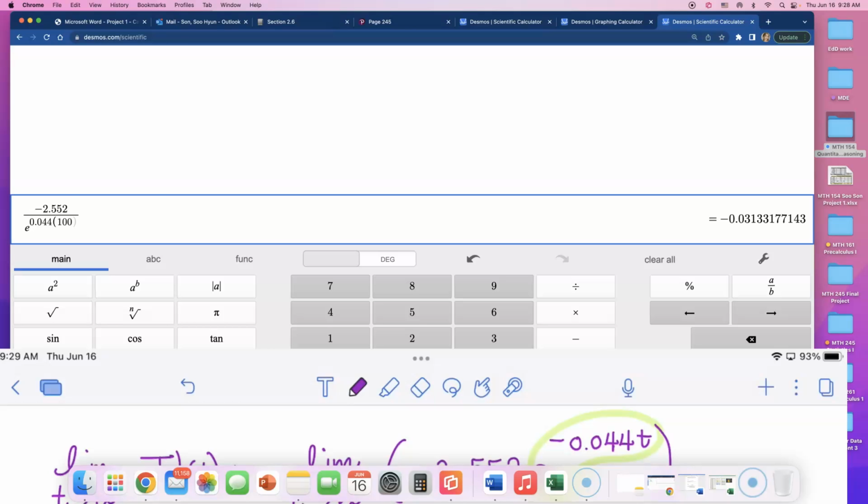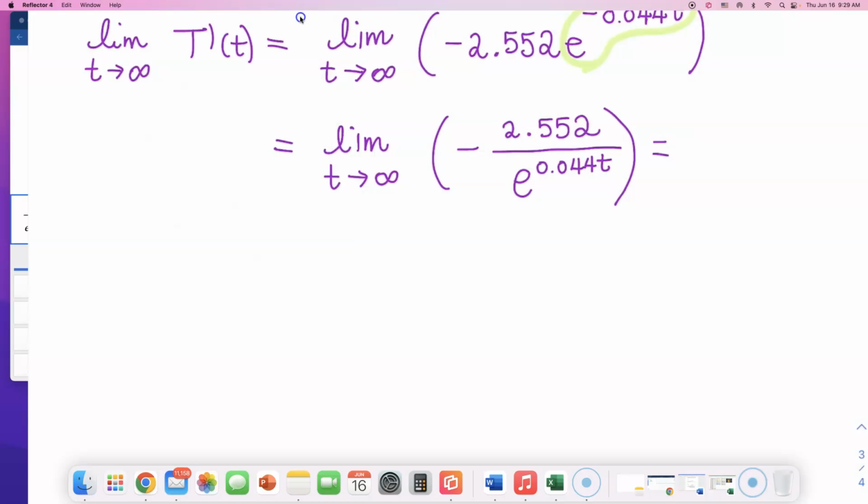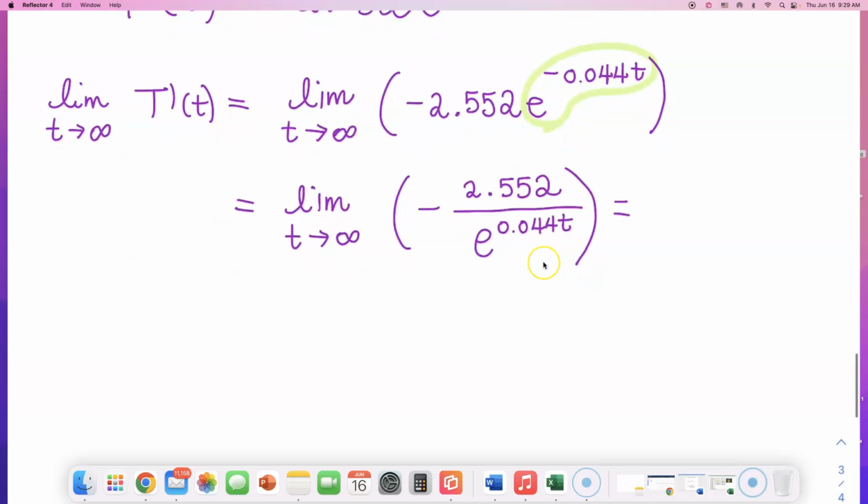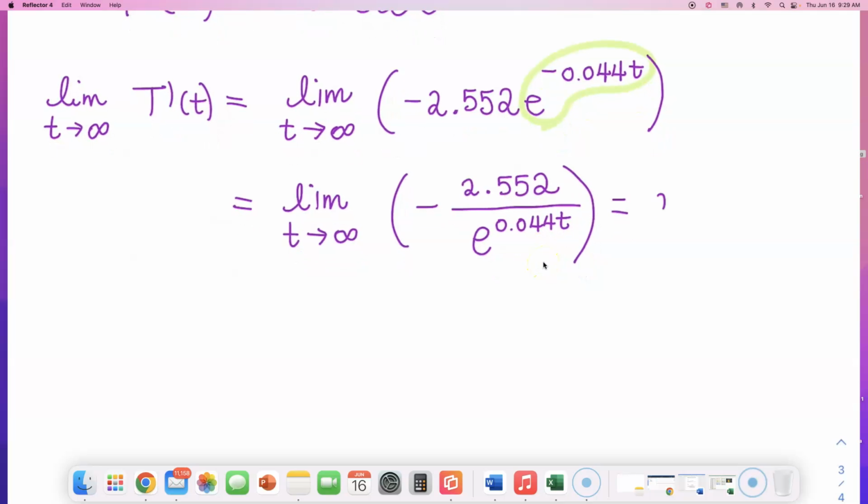So when the bottom of the fraction gets infinitely big, because that's what's going to happen when we raise e to an infinite power, we're dividing the numerator by a large number, and if you do that, that just becomes 0.